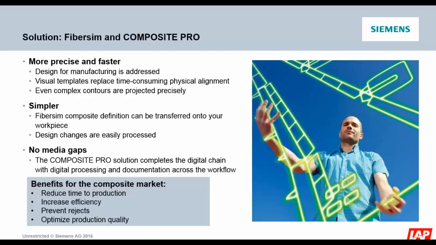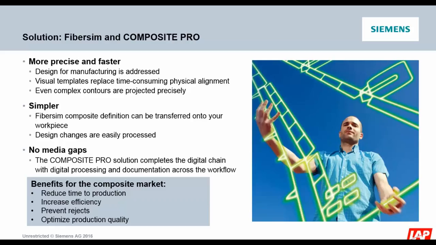Thank you, Matthias. So one of the solutions, and again, this goes back to the open architecture of FiberSim, is a combination of design for manufacturing and being able to reuse that data downstream. So one of the solutions that we'd like to propose today is a solution between FiberSim and Composite Pro.